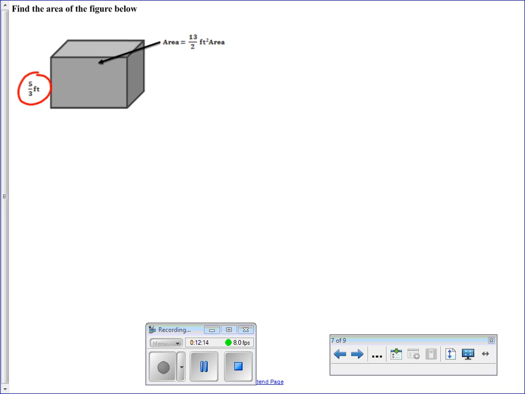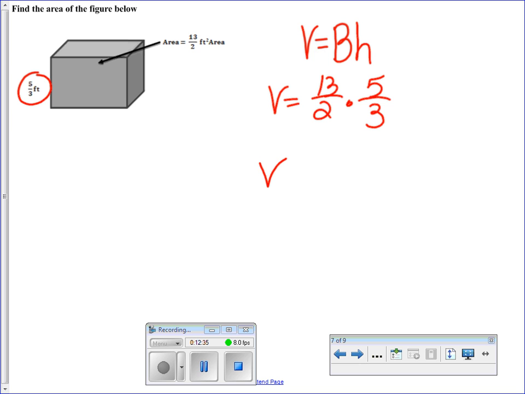No, I don't know the length or the width. But I do know the area of the base. So volume equals capital B times H. Volume equals 13/2 times 5/3. So now go ahead and solve.